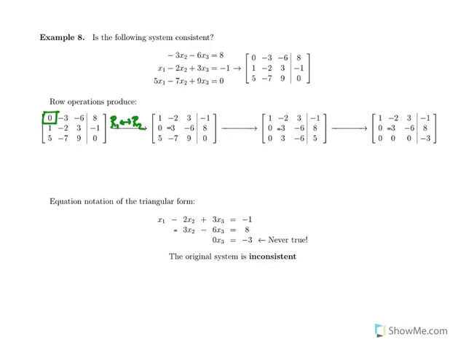Then I want zeros underneath that first diagonal entry. I already have a 0 in the second one, so I really just want a 0 in the third one. To get rid of that, we take the opposite of it, -5, multiply that by the first row, add it to the row we want, and replace the new row 3. If you take -5 times 1 plus 5, you get a 0 in that spot.